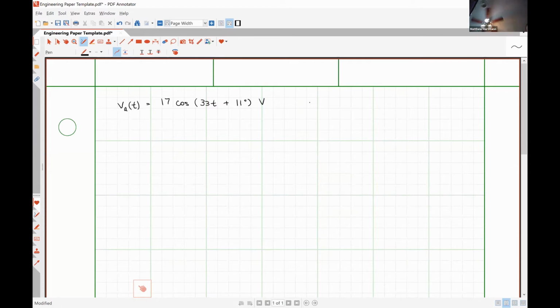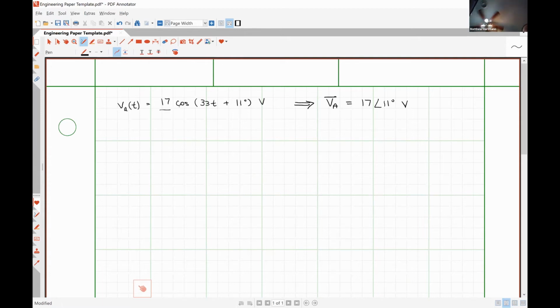The frequency domain representation of this would be a phasor, VA, where I'm putting the bar over the top to denote that it is a complex number. I take my magnitude, which is 17, and my phase angle, which is 11 degrees, and there's my phasor.